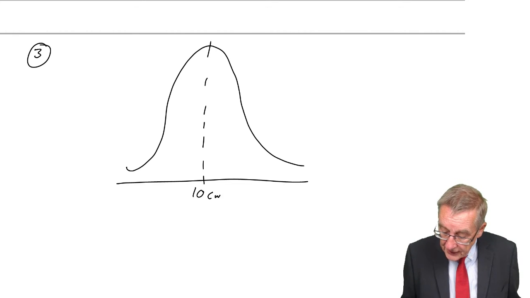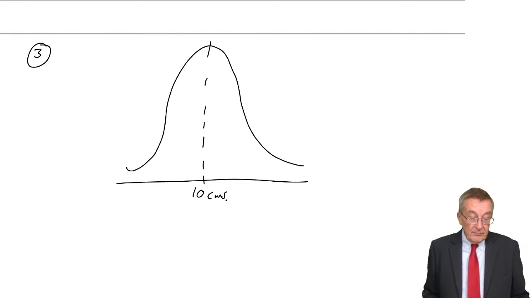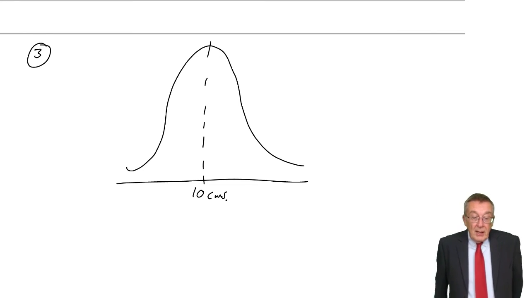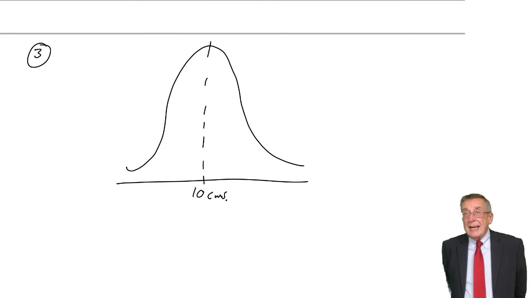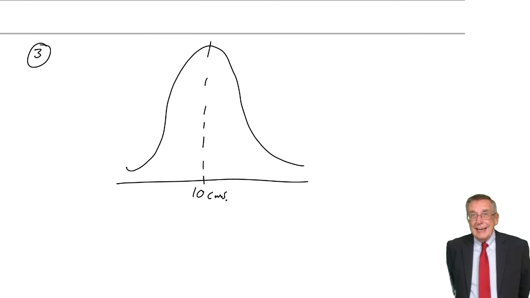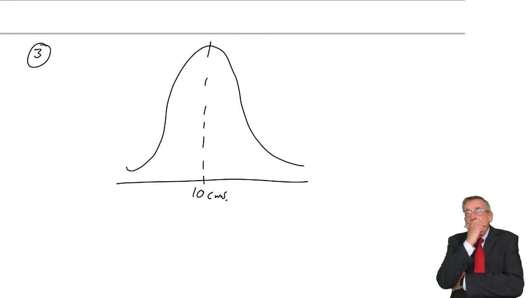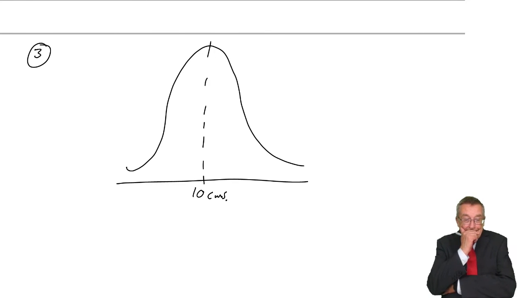The average is 10 centimetres. Here it says there's a 0.95 probability that the length will be more than x centimetres. And we want to know what x is.